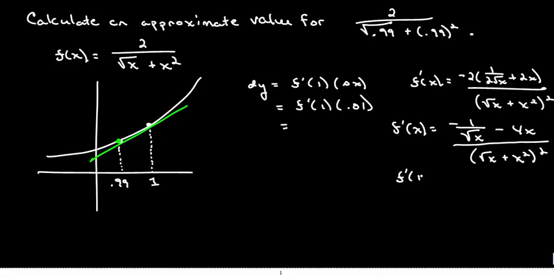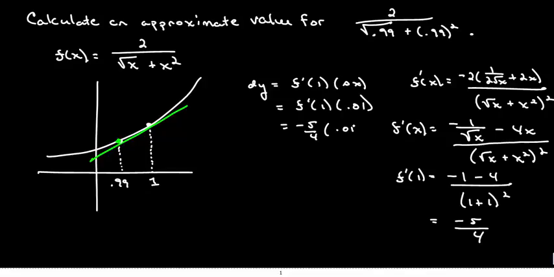So f prime at 1, the slope of the tangent line, the slope of the green line, is equal to negative 1 minus 4 over 1 plus 1 squared. This will give me negative 5 over 1 plus 1 is 2, 2 squared is 4. So the slope of the line is negative 5/4, and I'll multiply it by 0.01. So there's my dy.